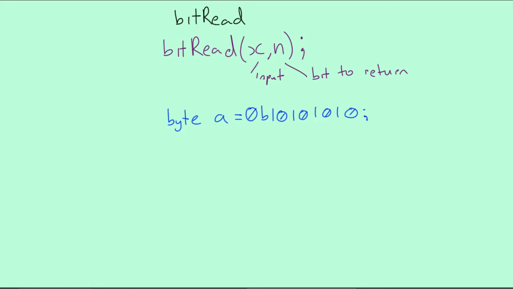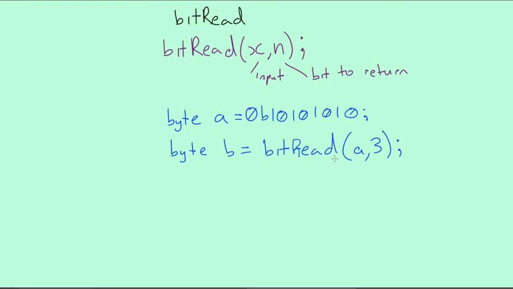So let's continue with an example. We've got a variable called a, and we're going to store 10101010 in it, and we've represented this number in binary. Now we're going to create another variable called b, and what we're going to store in it is whatever this function returns.